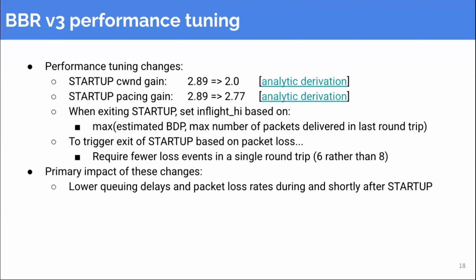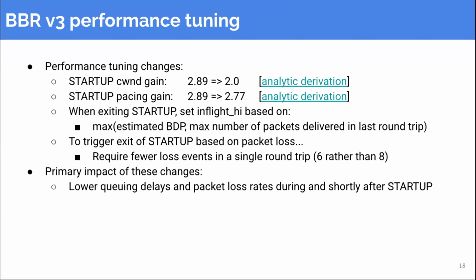And we've changed the constants used for computing both the congestion window and the pacing rate. And if you're interested in the details, you can follow the links in the slides to see the analytic derivation that motivated these. We also found that experimentally those worked quite well and did provide performance improvements.